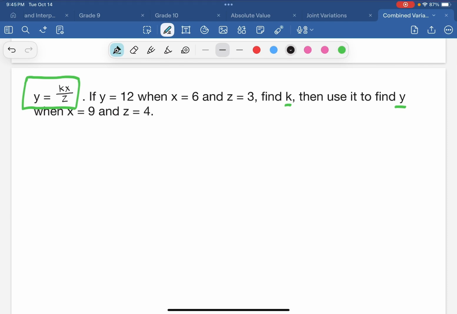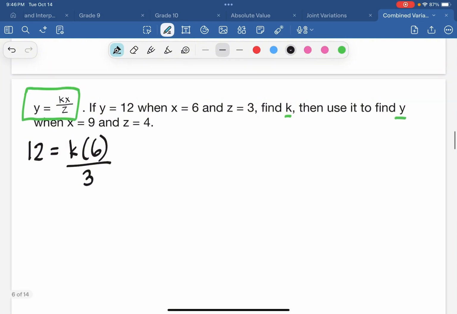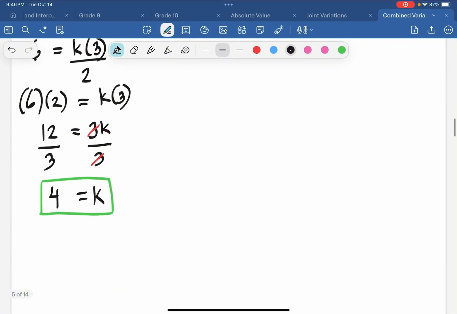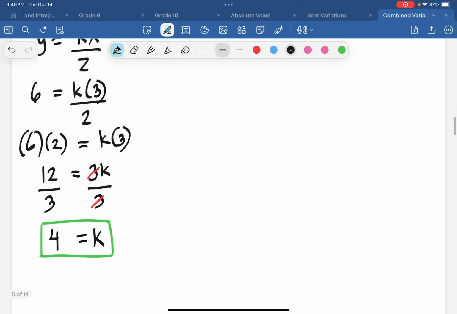So for this one, we have y is 12 is equal to k times, what's the value of x? 6 over z is 3. Now, just like what we had earlier, we cross multiply 6 and 2.